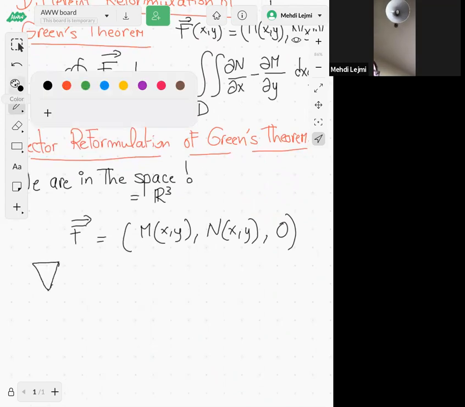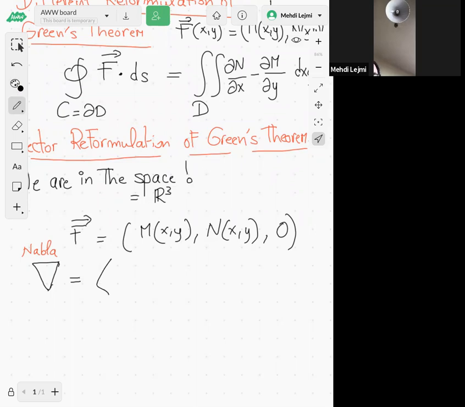Now there is another, very interesting vector field, which is called nabla. So this is nabla. Of course, it's just a Greek letter. This nabla is defined as the vector partial x, partial y, partial z. This nabla here is called the del operator.